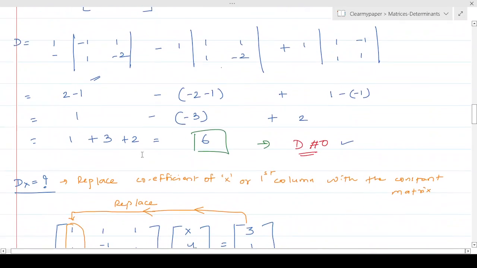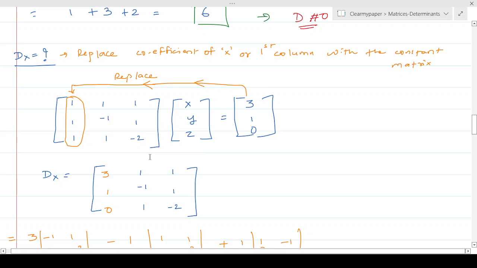What it means is I'm going to replace the whole column which represents the x variable with the constant matrix which is on the right hand side, the 3 1 0. I'm going to replace it over here, and if you follow my orange color, you will see that this matrix has been formed with a replacement.